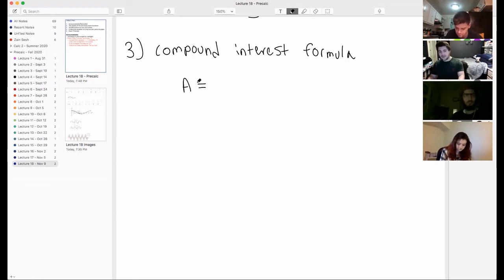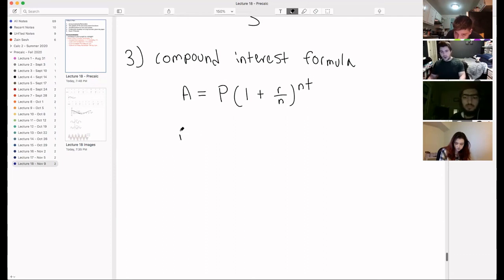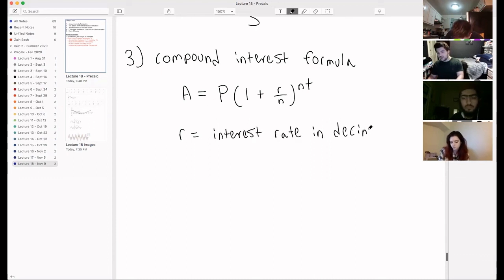The account value is equal to the principal times (1 plus r over n) to the nth power. r is the interest rate in decimal form. That's maybe the thing to remember. You need to convert the interest rate into decimal before you can plug it into the formula.